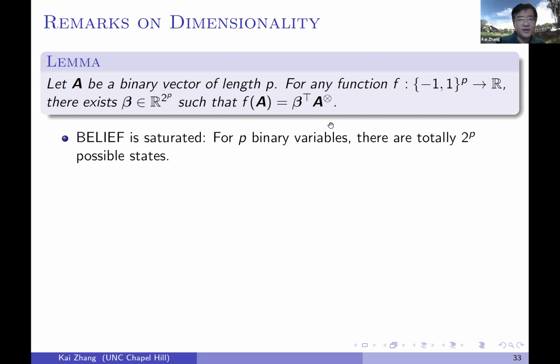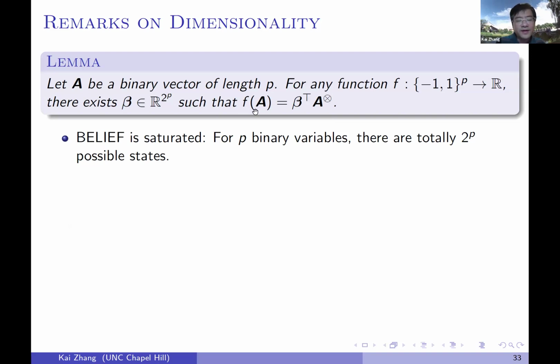The idea is that we can consider a linear form with this A tensor, which is a Kronecker product of all these binary vectors, and the dimensionality of this A tensor is 2 to the power p, right? But if we have p binary predictors, how many total states are there? Also 2 to the power p, right?